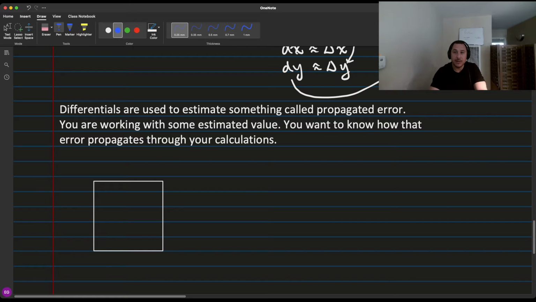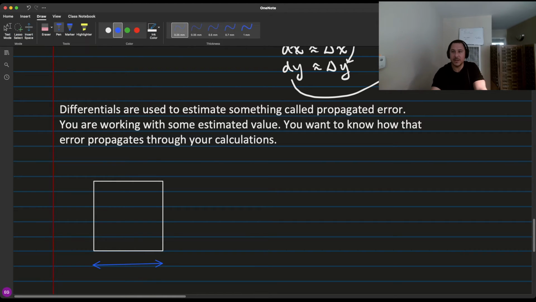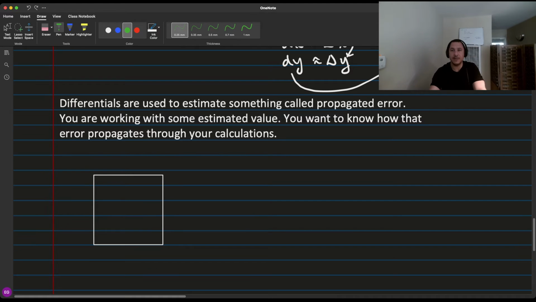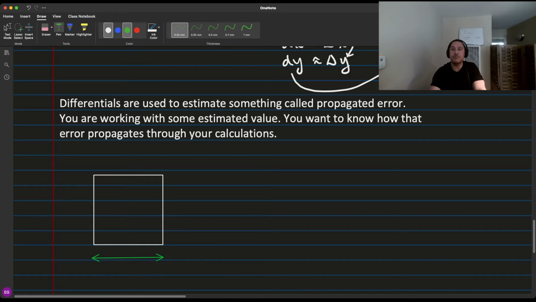So you go and you measure one of these sides. Let's make that green. You measure one of these sides right here, and you measure it as length x. Now here's the problem. When you measure something, you don't ever get a perfect measurement.